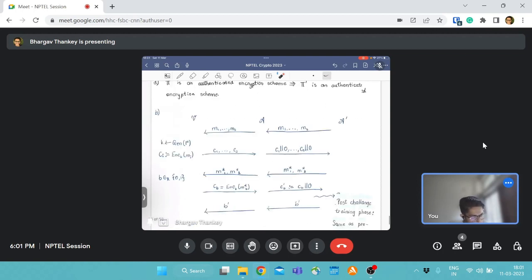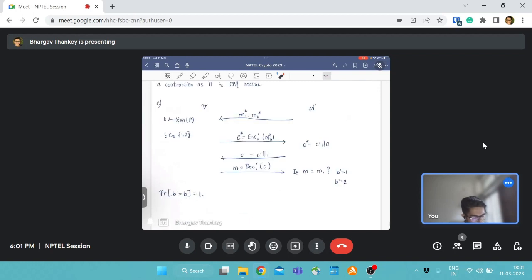Even if C prime is concatenated with 1, it would completely ignore this and just decrypt C prime. The decryption of C prime would exactly be MB. Now notice that this is not a valid ciphertext. However, the decryption algorithm is not performing a check about whether it is valid, and for that reason we are succeeding.